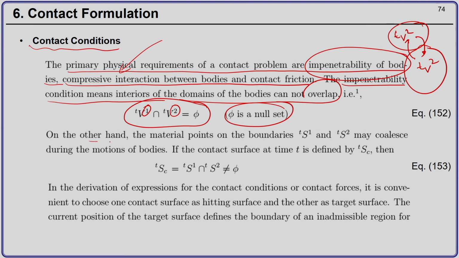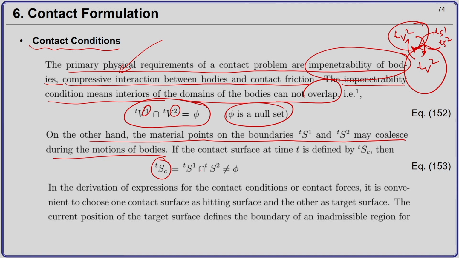Also, on the other hand, the material points on the boundaries may coalesce during the motion of the bodies. So, during contact, this part of the boundary, say, the top is S1 and this is S2. So, now the two bodies can have a common contact surface called SC.